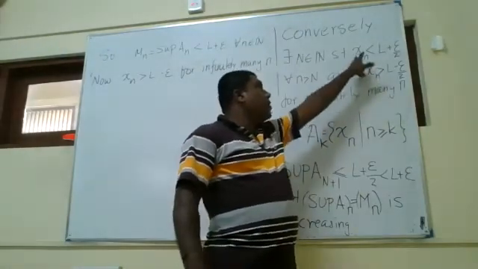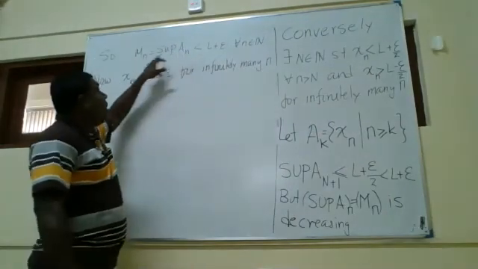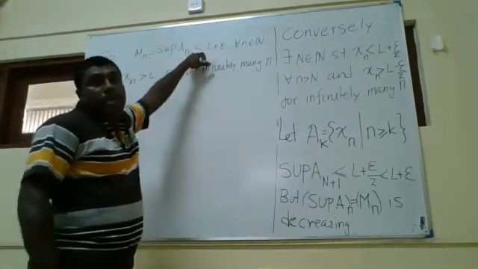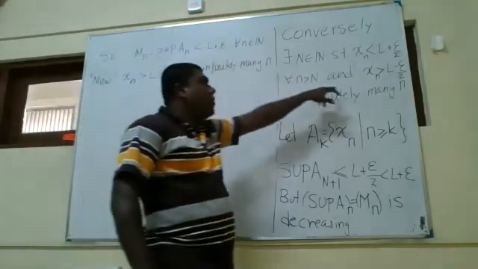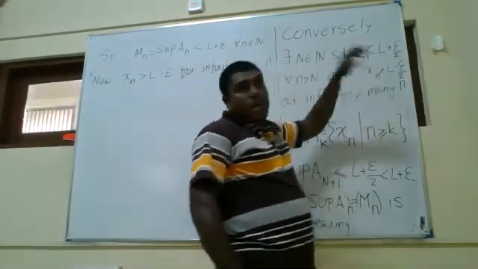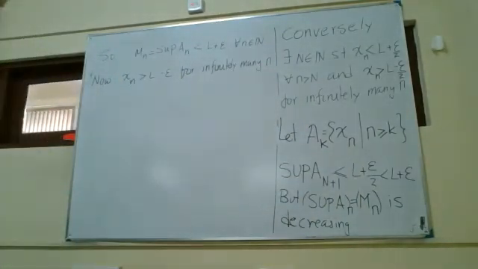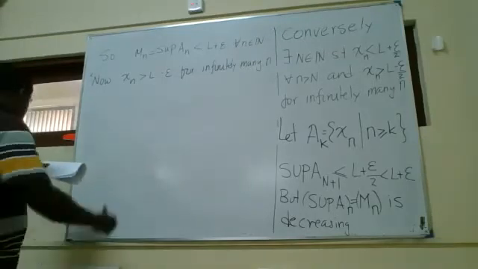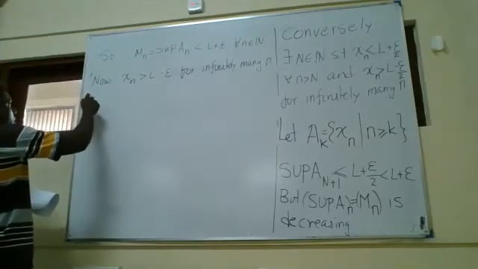The first hypothesis gave us one side of the inequality, that the supremum is less than L plus epsilon. Now we take the other hypothesis, x_n greater than L minus epsilon over 2 for infinitely many n, so we can use that.